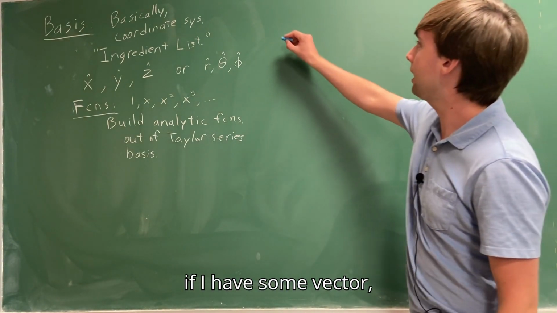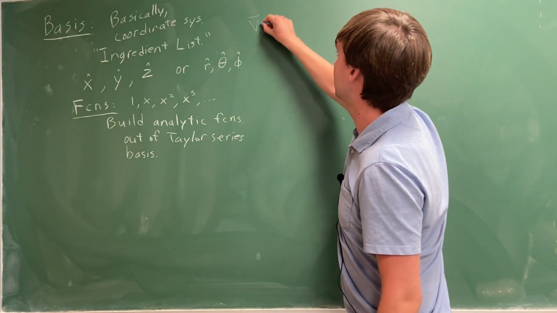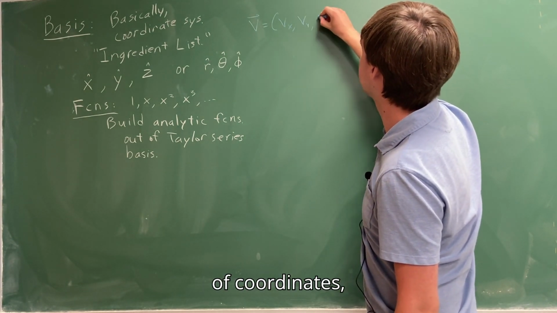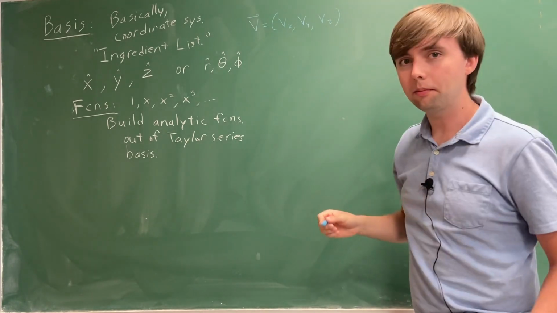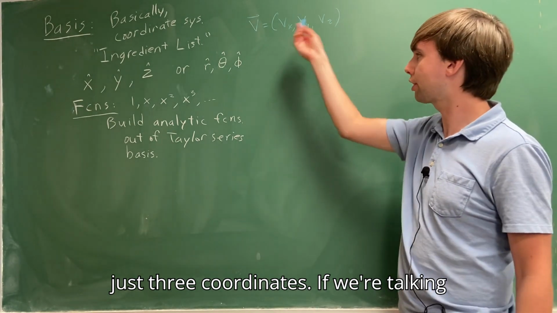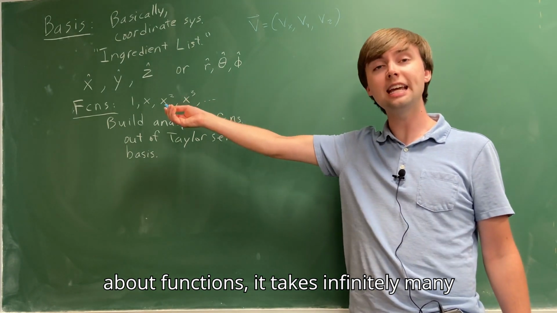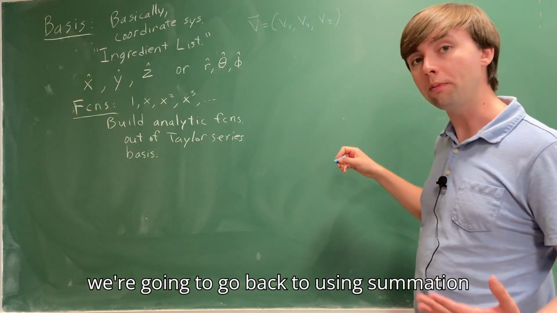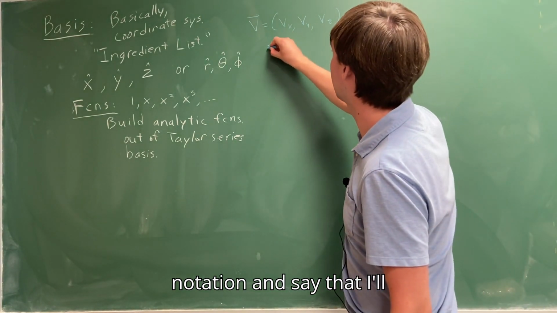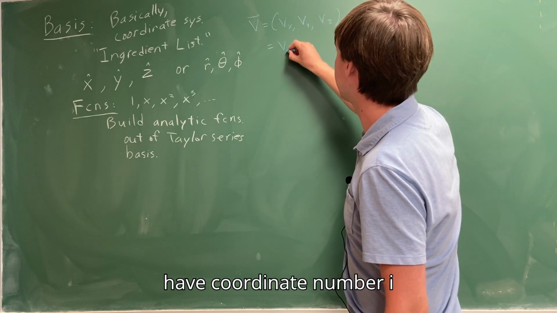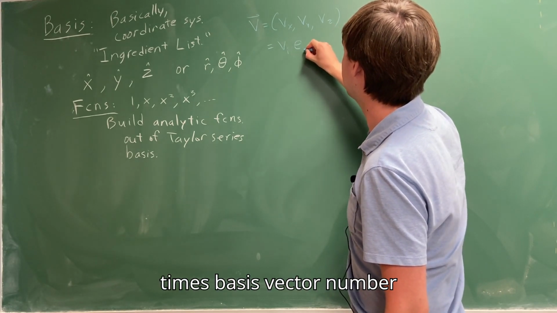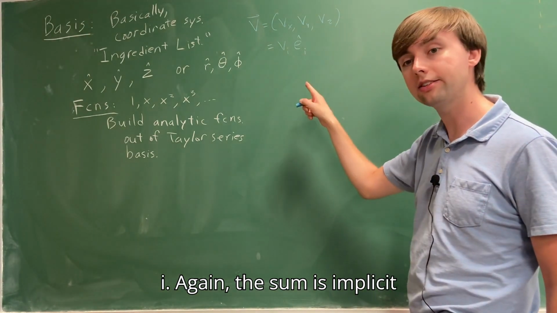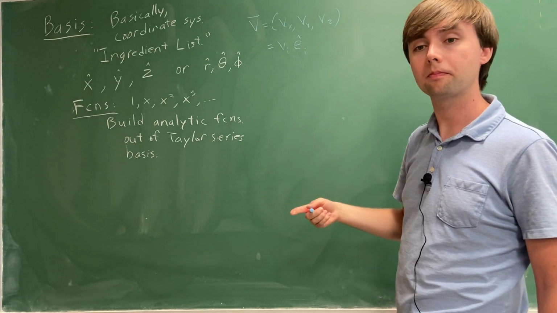So if I have some vector, I want to describe this in terms of coordinates, but now there's no guarantee that there's just 3 coordinates. If we're talking about functions, it takes infinitely many coordinates to describe your function. So we're going to go back to using summation notation and say that I'll have coordinate number i times basis vector number i. Again, the sum is implicit when this gets repeated.